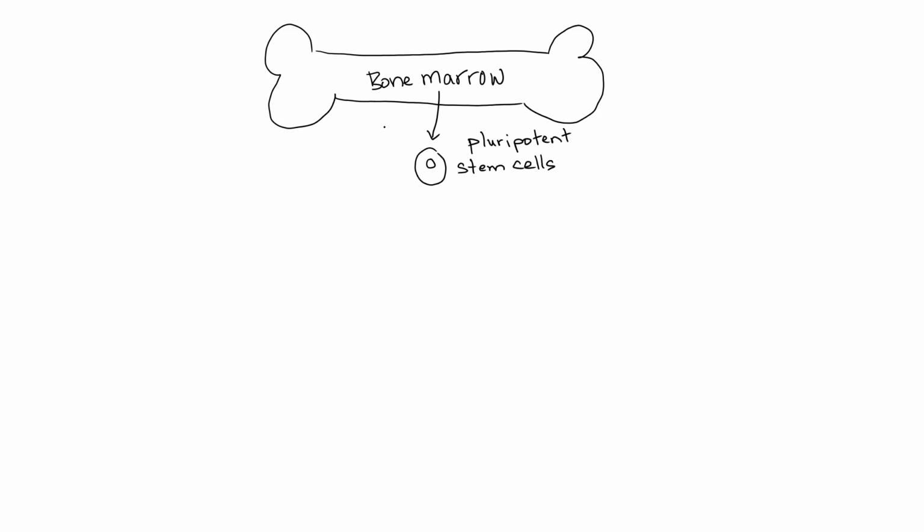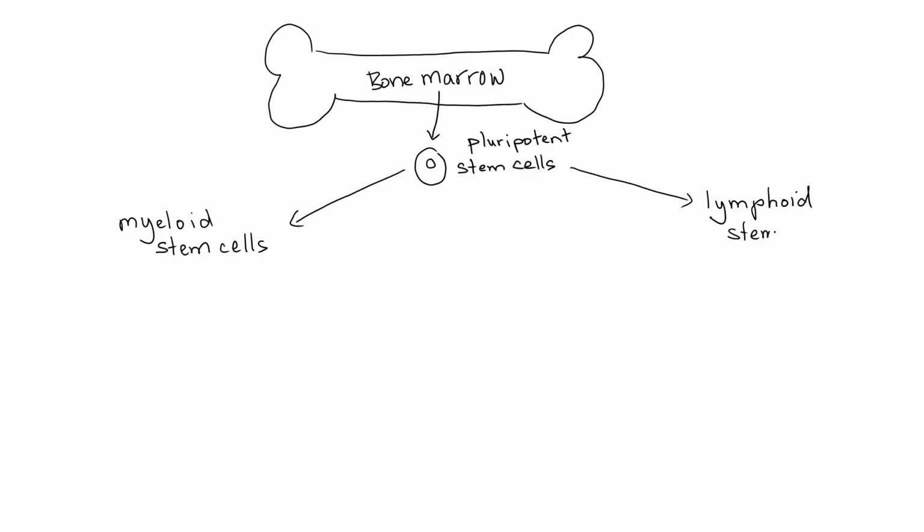Okay, so two particular types of stem cells. This pluripotent stem cell differentiates into either what we call myeloid stem cells or lymphoid stem cells. And these further differentiated stem cells give rise to specific groups of leukocytes and lymphocytes.